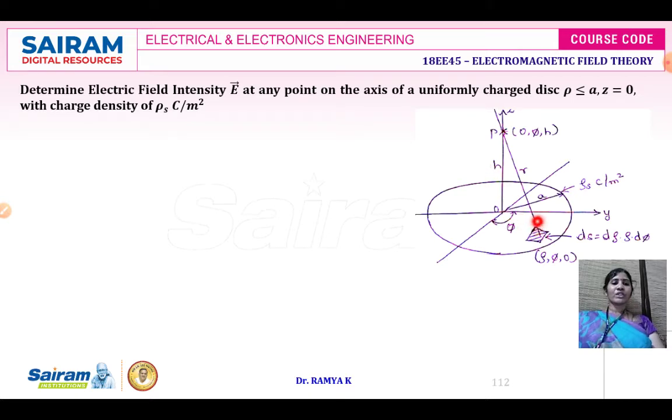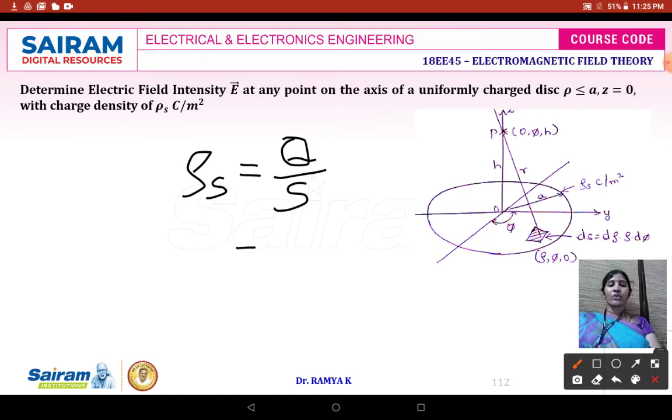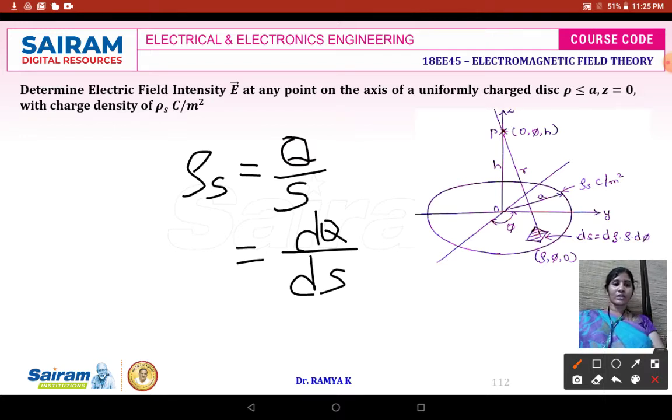If you assume a differential surface area, because the charge density given is surface charge density rho s, and the surface charge density definition is charge distributed over the surface area, then when you assume a differential surface area dS, the charge distribution is also differential, which is dq.